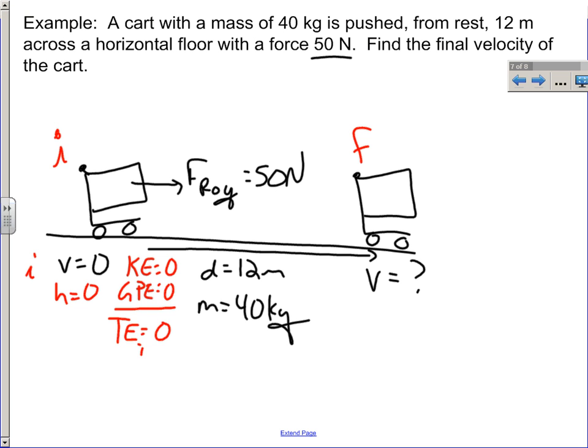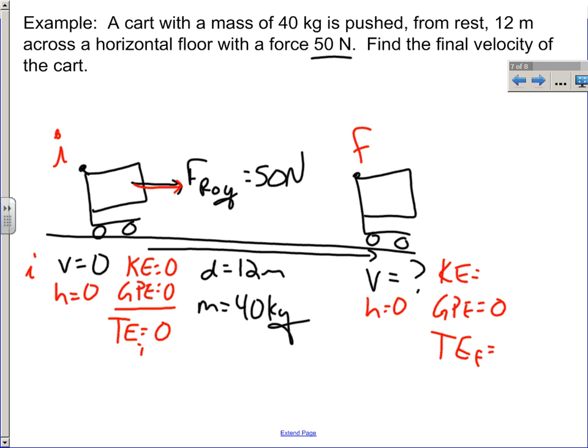And he's doing work because his force and the velocity are not perpendicular, right? So we don't know the total energy final. All right, we do know over here the height is still 0, so the GPE is still 0. We don't know the kinetic energy because it's moving, right?